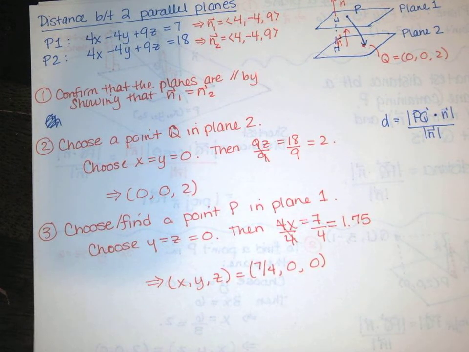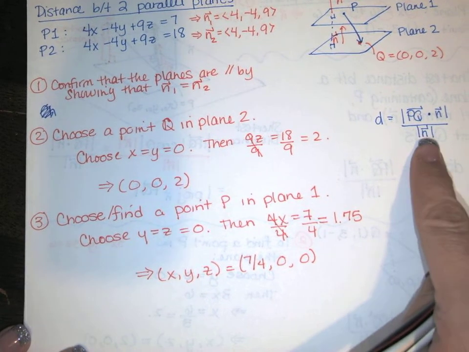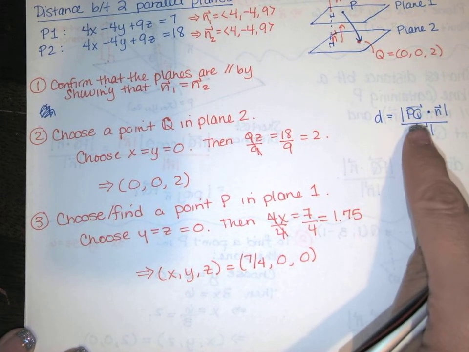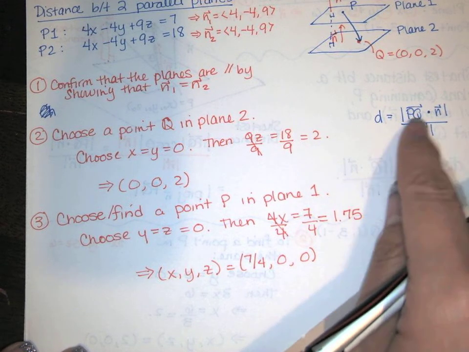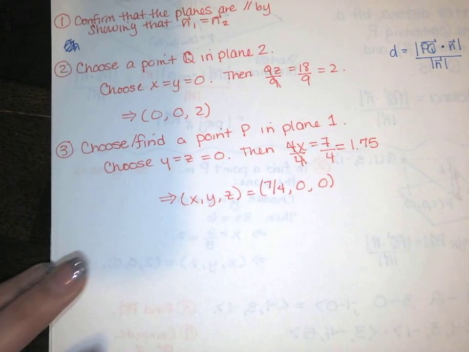Okay, now I need to find the distance, and in order to use this formula, I need to find the vector from P to Q. I need to dot it with n, and then I need to find the length of n.